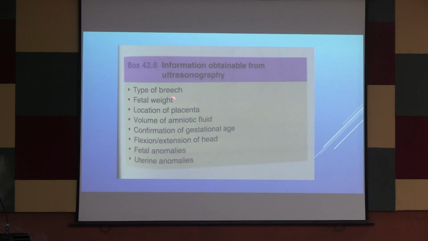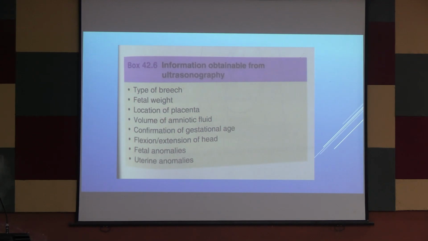Along with that, location of placenta and volume of liquor, that is amniotic fluid. If it is less, in that case we will not try for vaginal delivery, we will go for cesarean section.